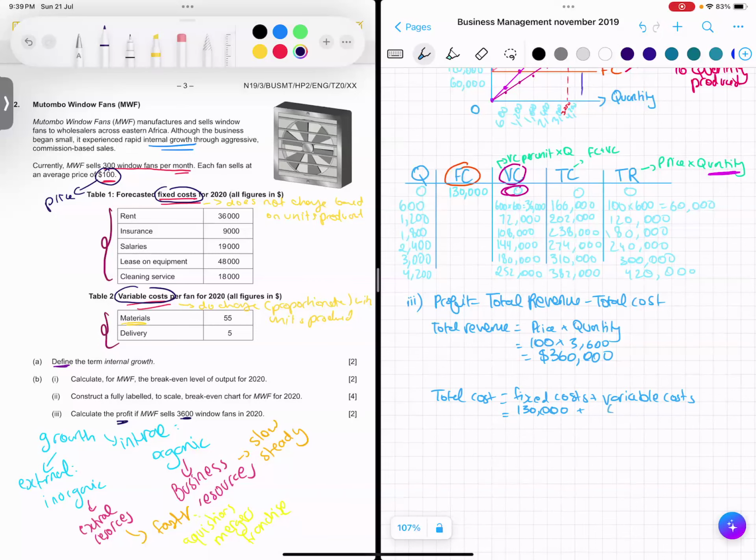Variable cost is quantity times variable cost per unit. So here we have 130,000 plus quantity 3,600 times 60, because 55 plus 60, these are the variable costs. So 3,600 times 60 gives us 216,000. Then we just add 130,000.